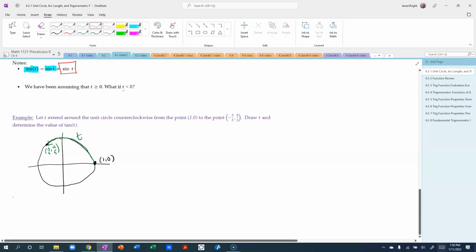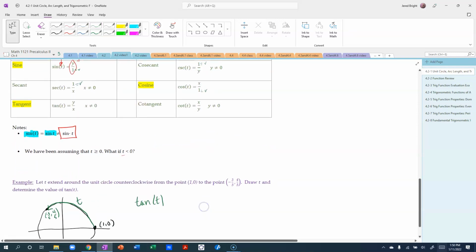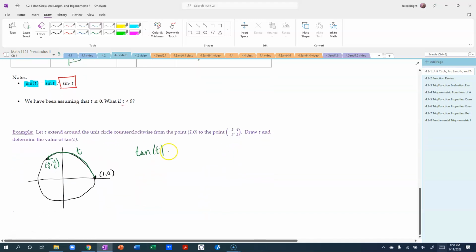Oh, okay, I didn't even read the instructions, but I have a drawing. And it says find the value of tangent of t. Now tangent of t, if I recall, is the ratio of the y-coordinate to the x-coordinate.